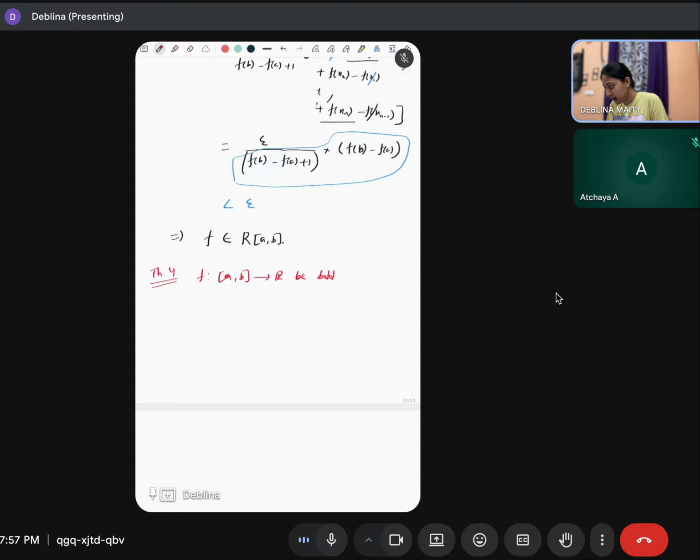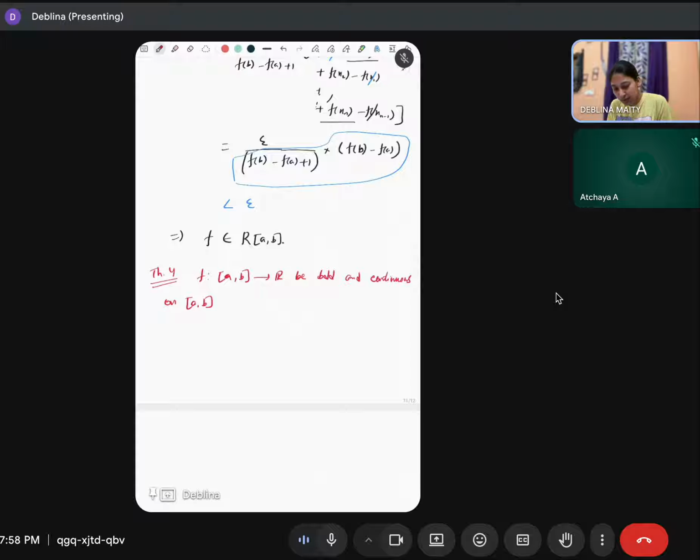So our f is bounded and continuous. We don't need to say it is bounded, since it is continuous on this closed bounded interval, it is bounded, right? Because a continuous function maps a compact set to a compact set.